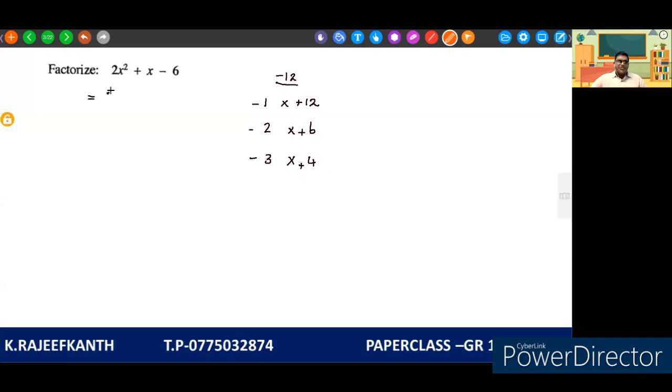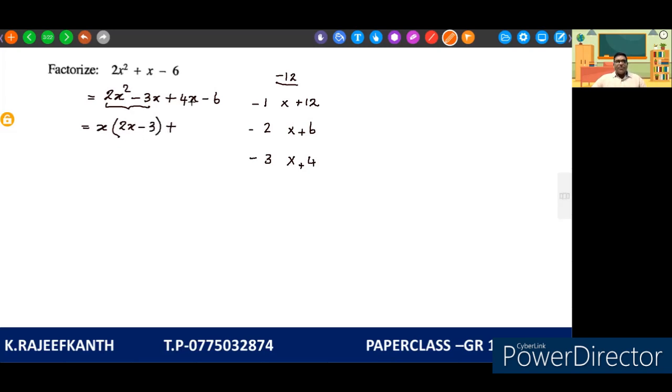So we can write this as 2x squared minus 3x plus 4x minus 6. Then in the first two terms, we can take x as the common factor. If we take out x from 2x squared, we get 2x, and minus 3x divided by x is minus 3.